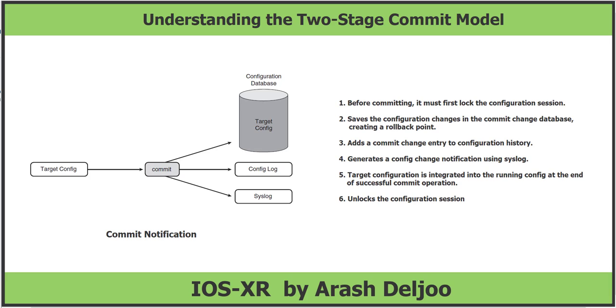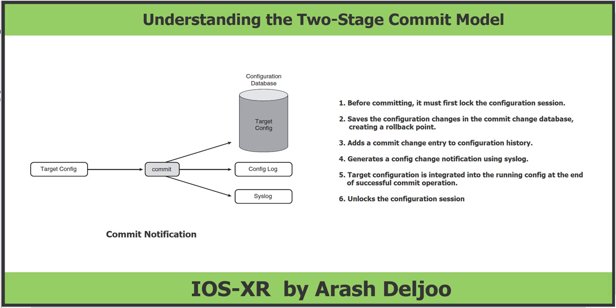Also, by default the commit operation is pseudo-atomic. In other words, the commit operation could fail for semantic reasons and only valid changes are allowed to get committed. The following events take place for every successful commit operation. First, before committing, it must lock the configuration session.